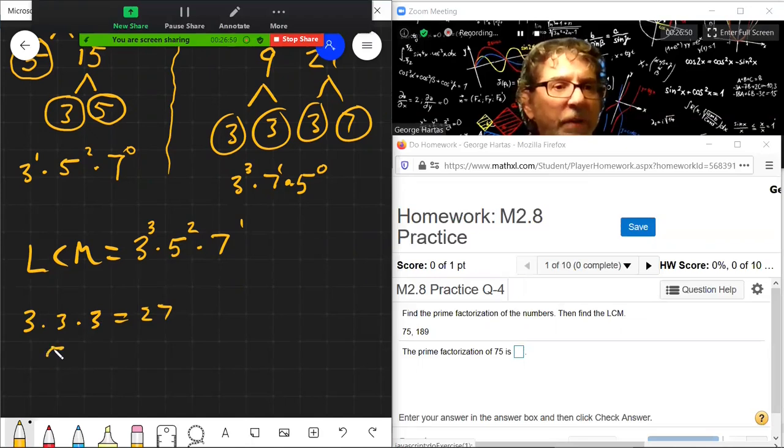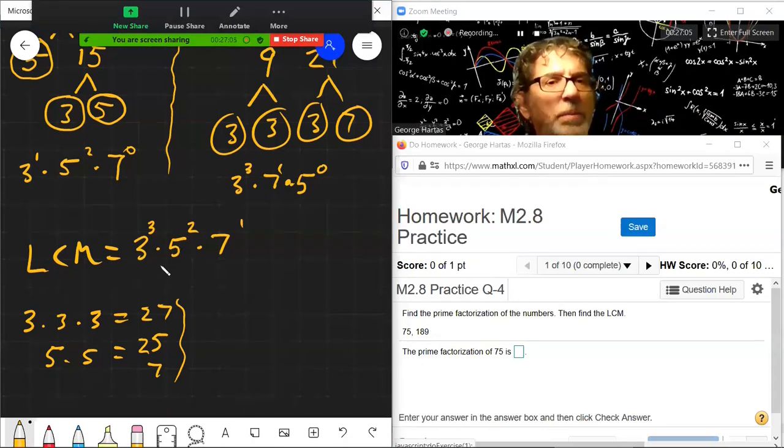Because 5 times 5 is 25. And then this is, of course, just 7. So we got to multiply all these out. It's not going to be fun, but we have to do it. So 27 times 25.